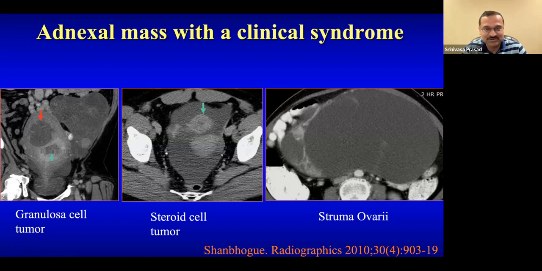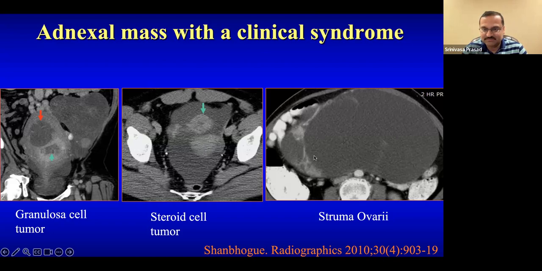So it is important for us to identify and make sure that it is not a fibroid that we're dealing with, but by the time she presented, she already had features of Meigs syndrome.